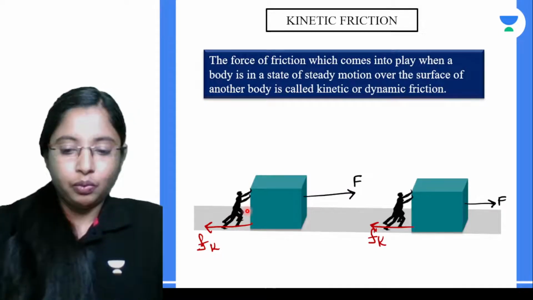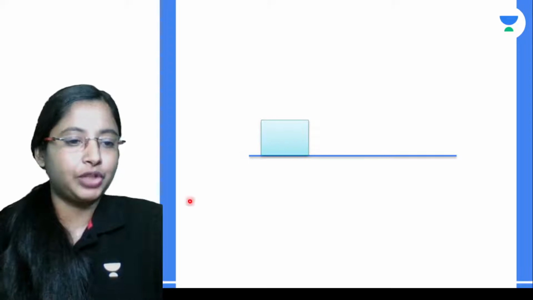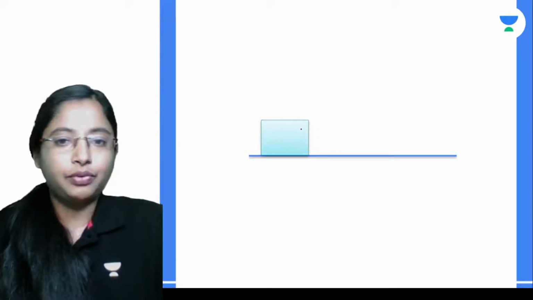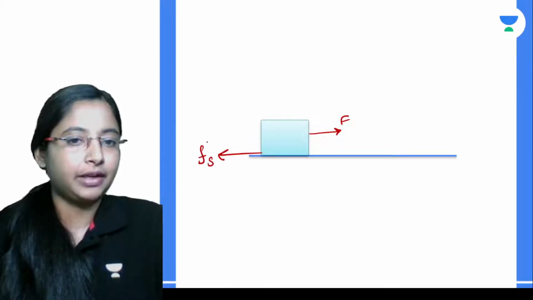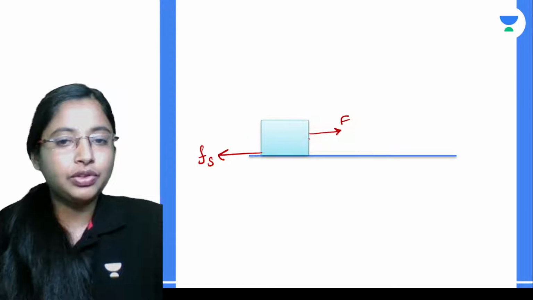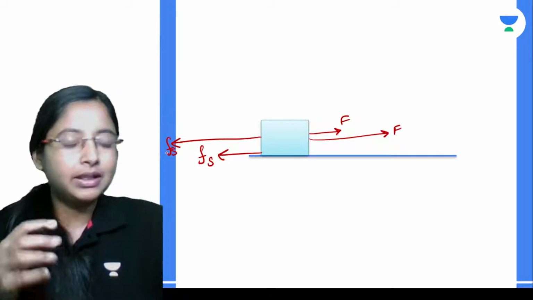So what we see over here is, as soon as you apply a force to the object, the object does not move at all, so what comes into the picture is static friction. Increase the force you are applying, static friction again might increase, but the object might still not have moved.